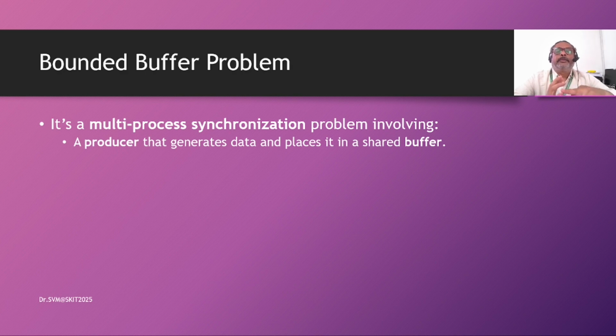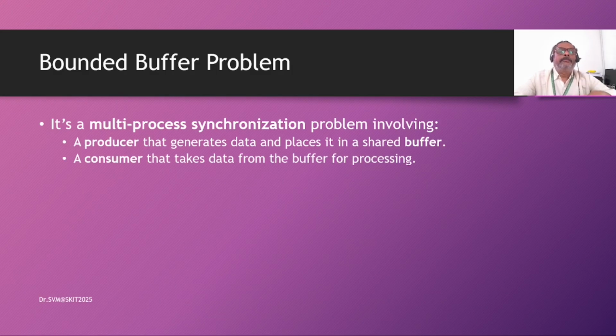So we have one producer that generates the data and writes it on the buffer, and another process called the consumer that takes this data from the buffer for further processing. This way, via the shared buffer, the producer sends the data to the consumer process. That is how communication takes place.